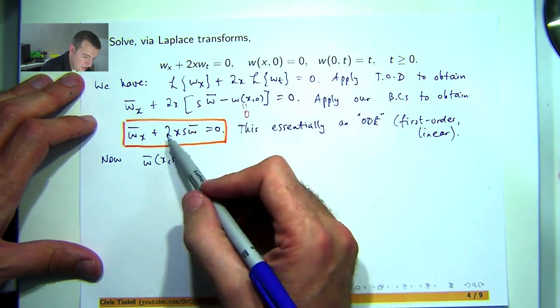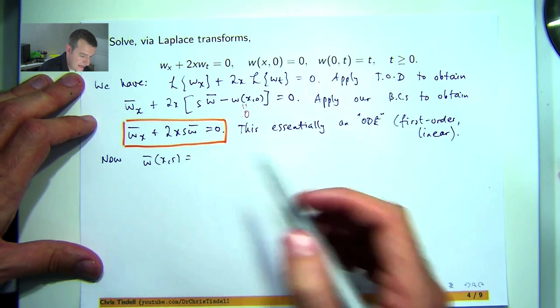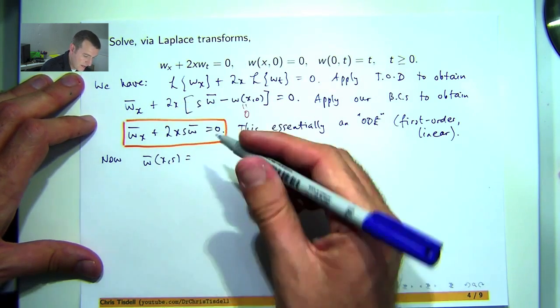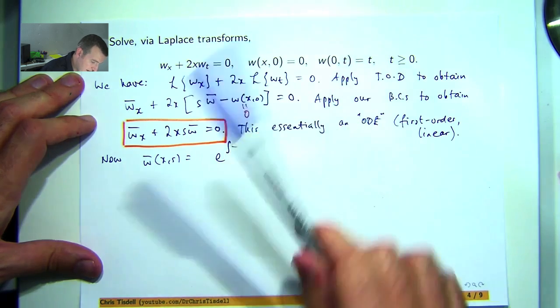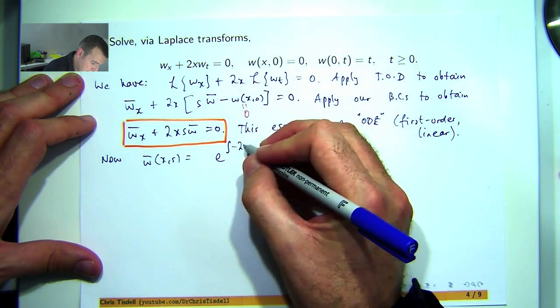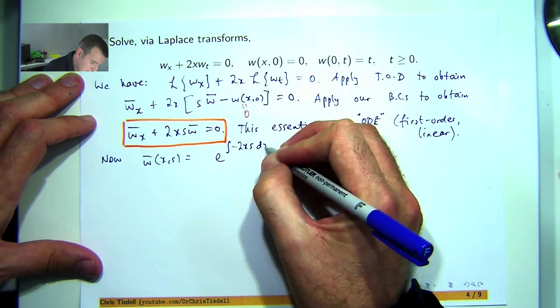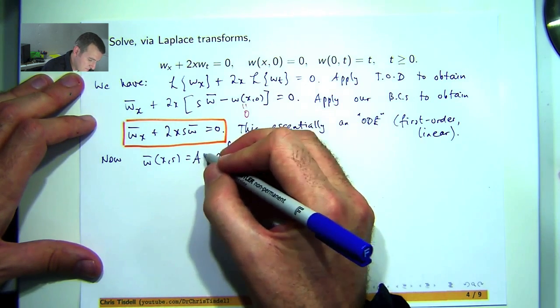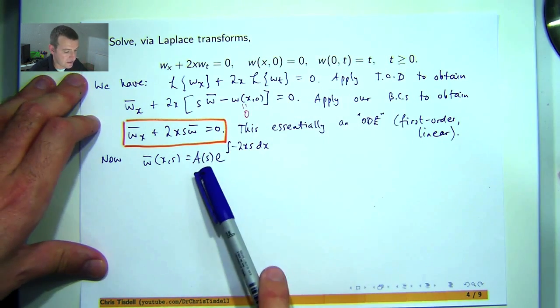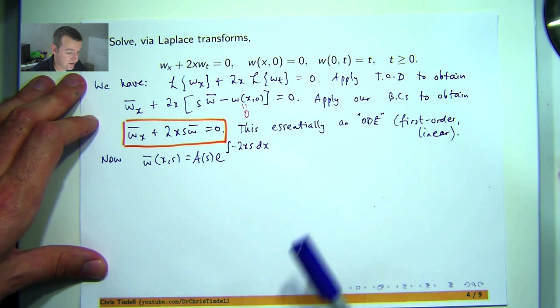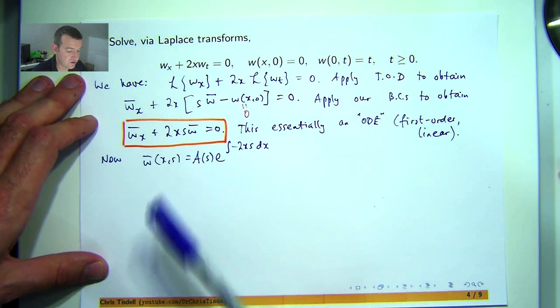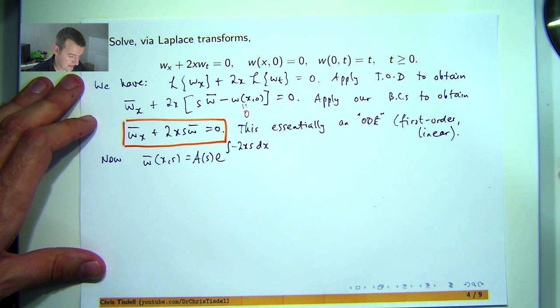Okay, so you look at the coefficient of w bar, and because it's on the left-hand side of the equation, you would take e to the integral of the negative of that coefficient. Okay, and then you would have something like a constant of integration here, but because w bar is a function of two variables, this really should be a function of s.